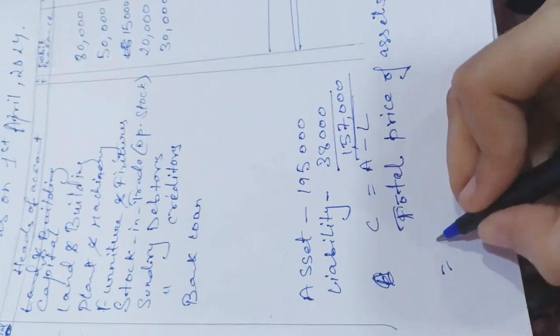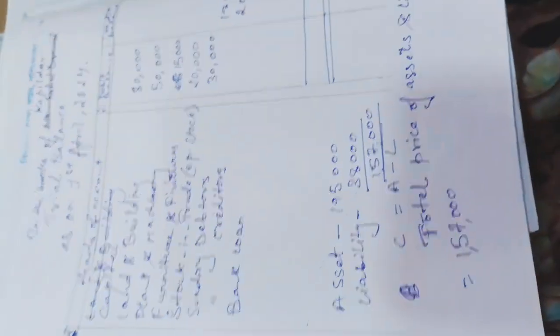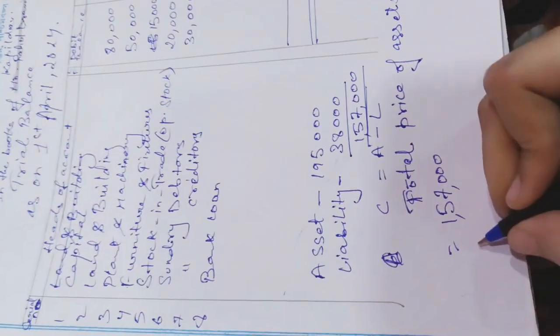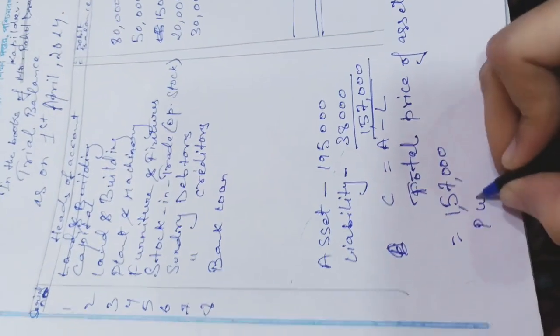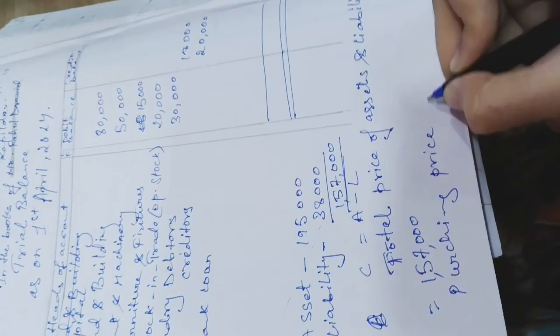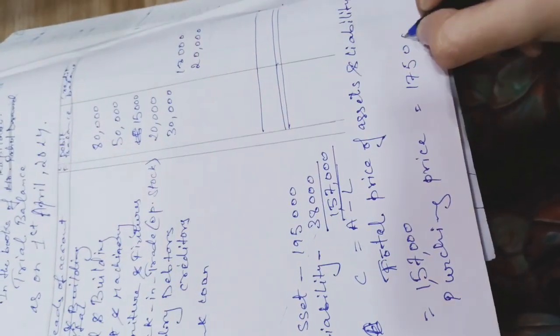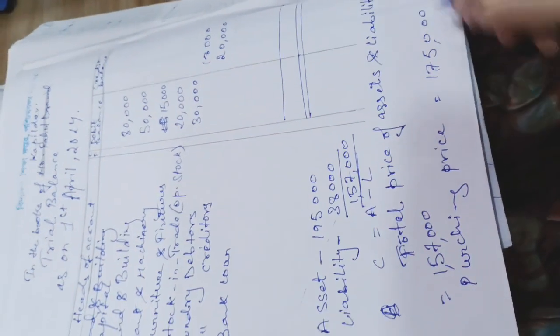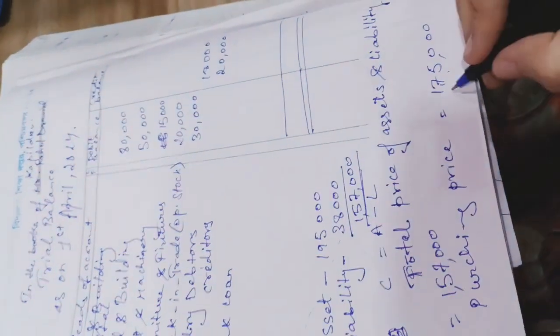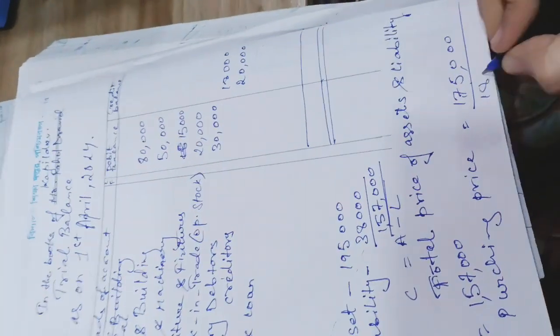Okay, and the purchasing price of the business is 1,75,000. If we subtract this from this, then what will come? 18,000.